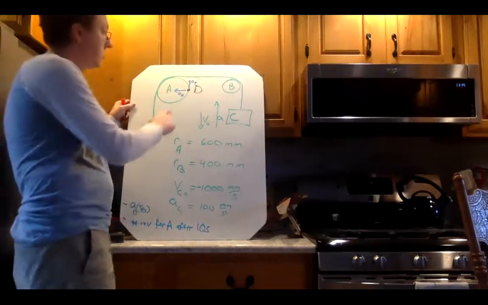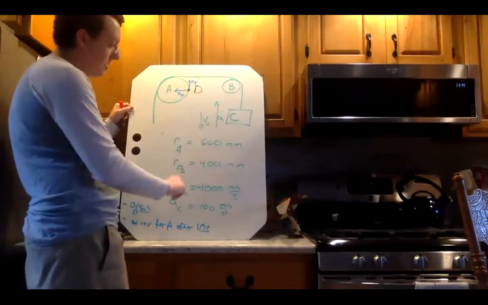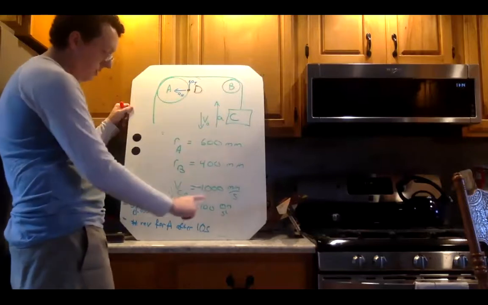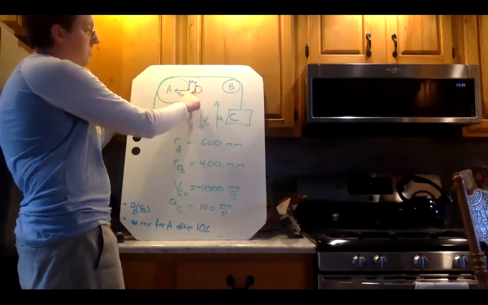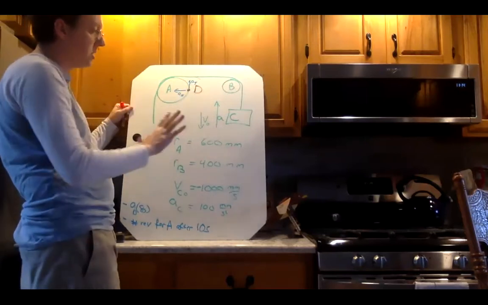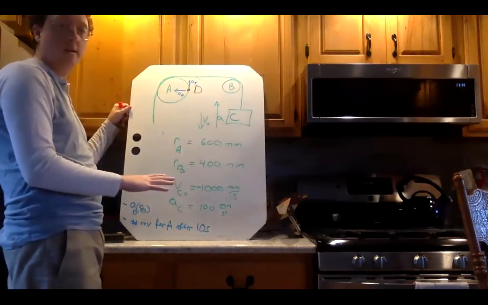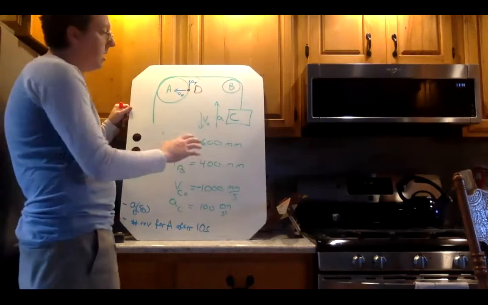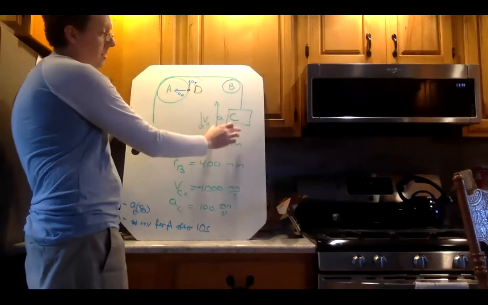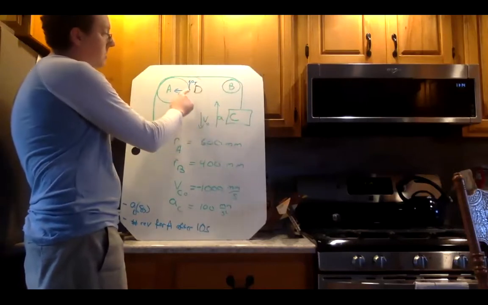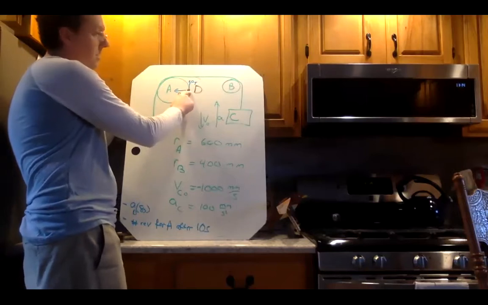What I want you to see is that this number for the acceleration at c is the same as the tangential acceleration, and it never changes, it's constant. On the other hand, the velocity of this point has to be the tangential velocity of point D.